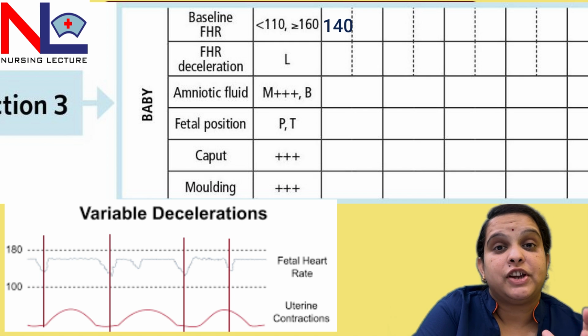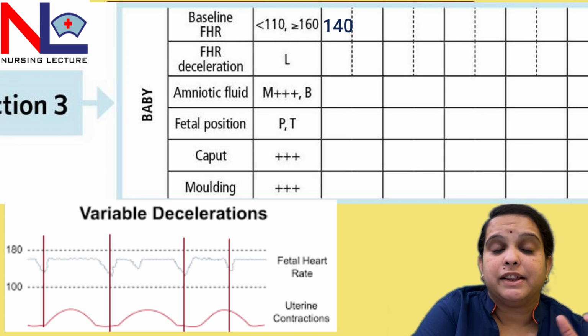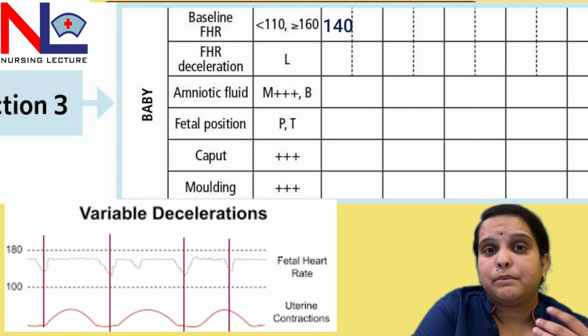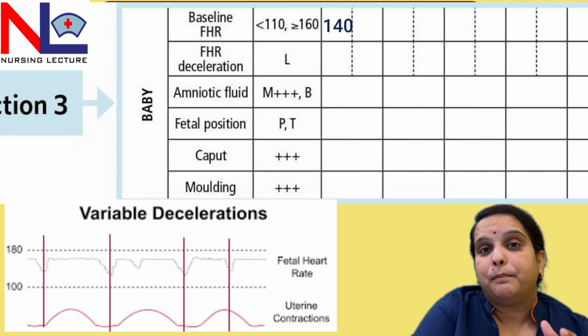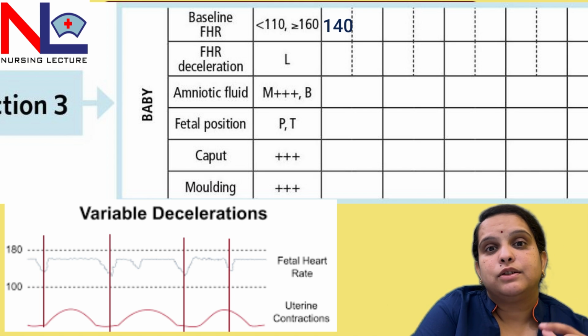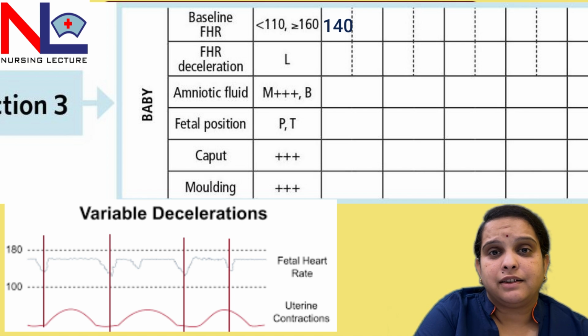Mostly it is seen because of cord compression, when the umbilical cord is compressed by the fetal presenting part, thereby the flow is not that proper. That's how the fetal heart rate can vary. So this is called variable deceleration. On the basis of that, we can write here: N, L, E or V.